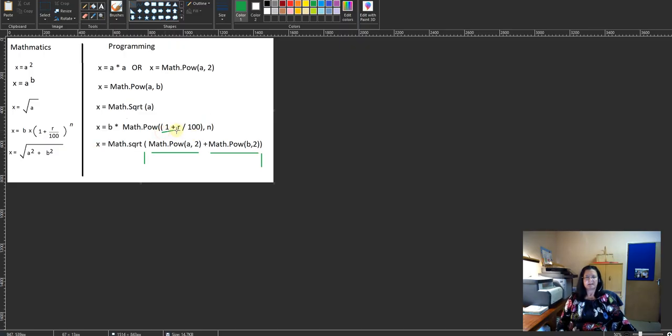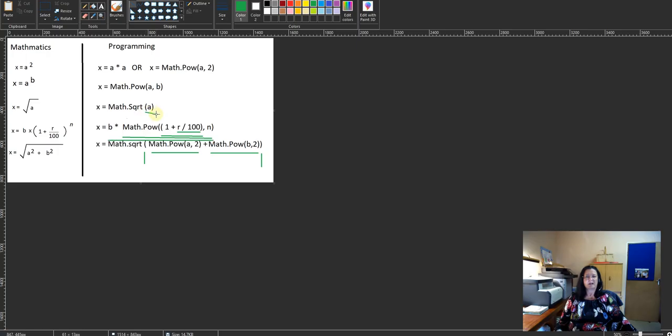Over here, the second example, what would execute first? Well, right at the start it would be r divided by 100, then 1 is added, then that result to the power of n is calculated, and lastly we're going to multiply that with b.